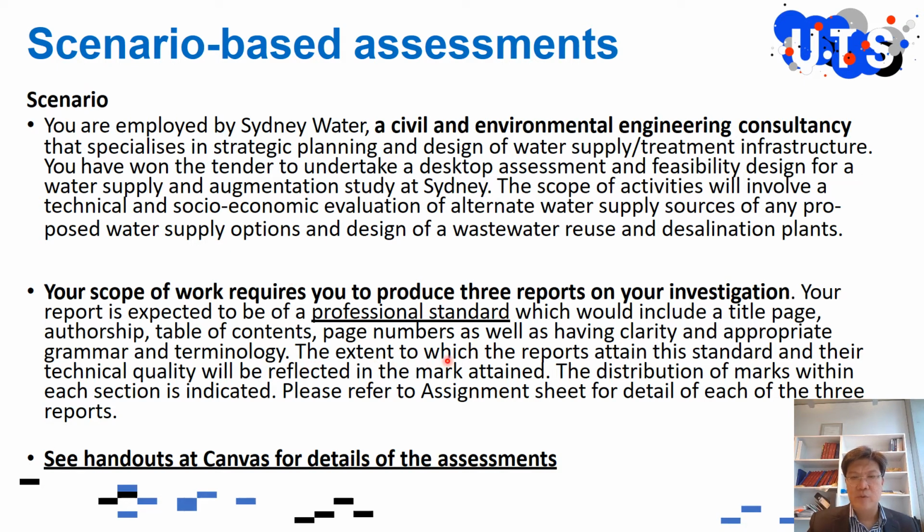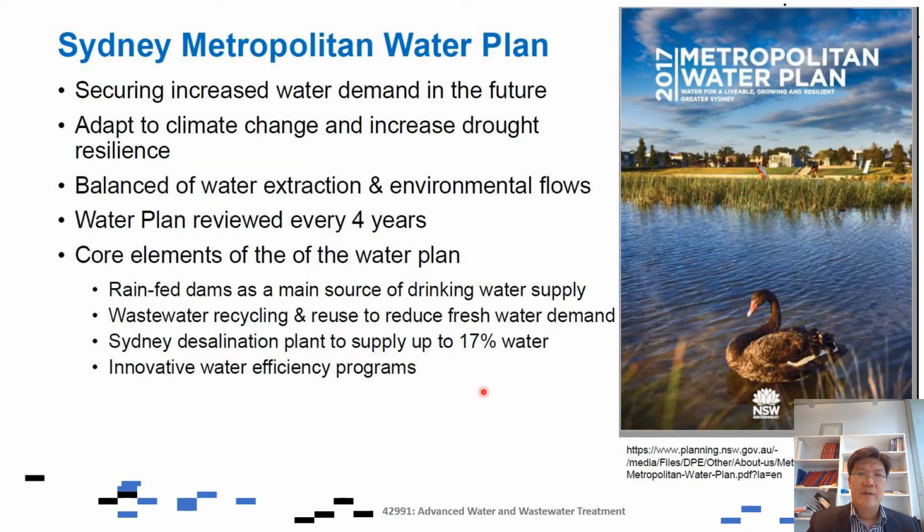The extent to which the report attains this standard and its technical quality will be reflected in the mark obtained. The distribution of marks within each section is indicated. Please refer to the assignment sheet for details of each of the 3 reports. You can read this scenario and then start your assessment.